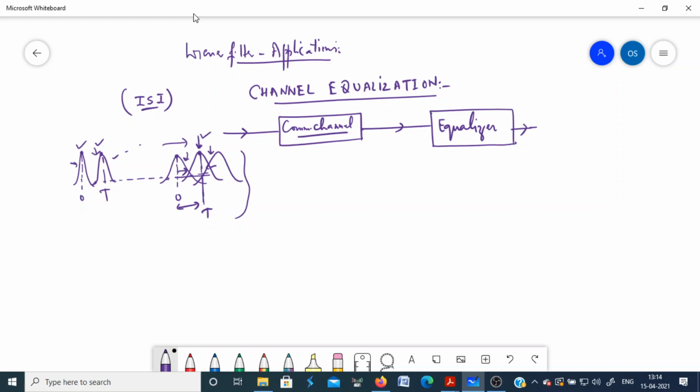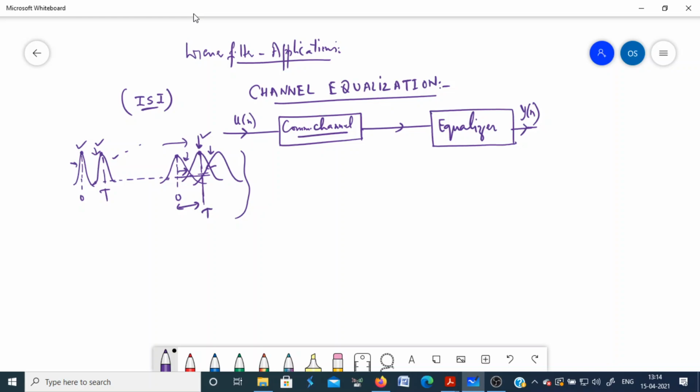Suppose you have transmitted some sequence un from the transmitter, it goes through a communication channel and then through the equalizer, and you generate the output sequence yn, which is given to the receiver.